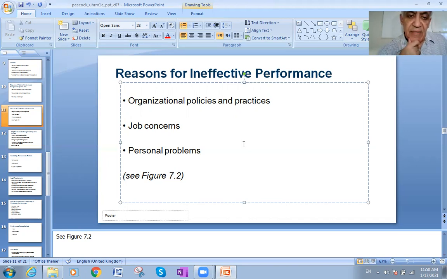Okay, then job concerns also. If there is a vague or unclear situation in the job, then it will lead to conflict, because the person will say, "Hey guys, I'm an employee, I'm a worker here, and I have many questions and no one is replying to me.